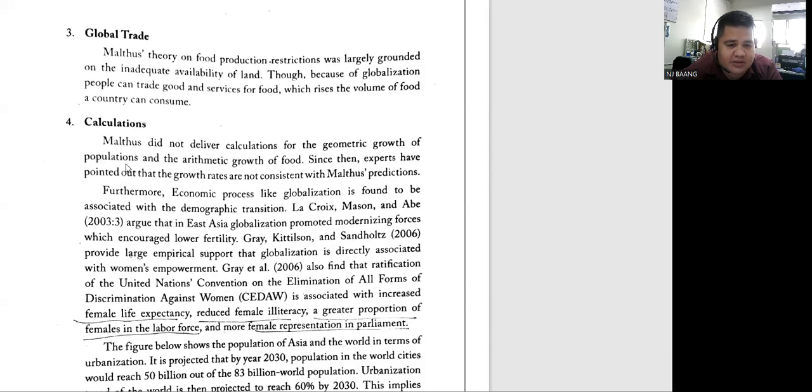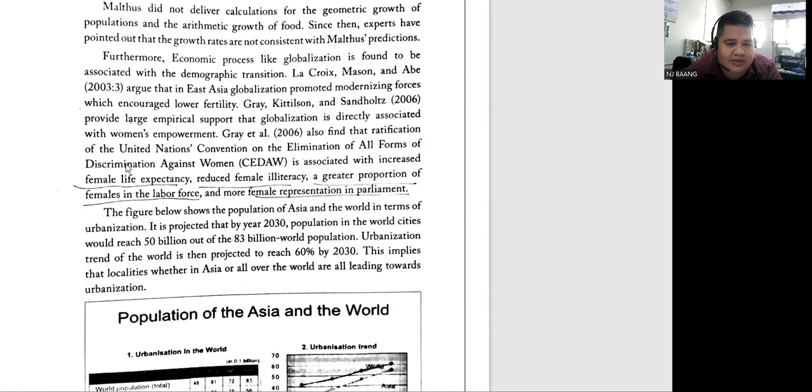So, number four, calculations, no? Malthus did not deliver calculation for the geometric growth of population and arithmetic growth of food, no? Since then, the experts pointed out that the growth rates are not consistent with the Malthus prediction, no? Furthermore, the economic process like globalization is found to be associated with the demographic transition, no?